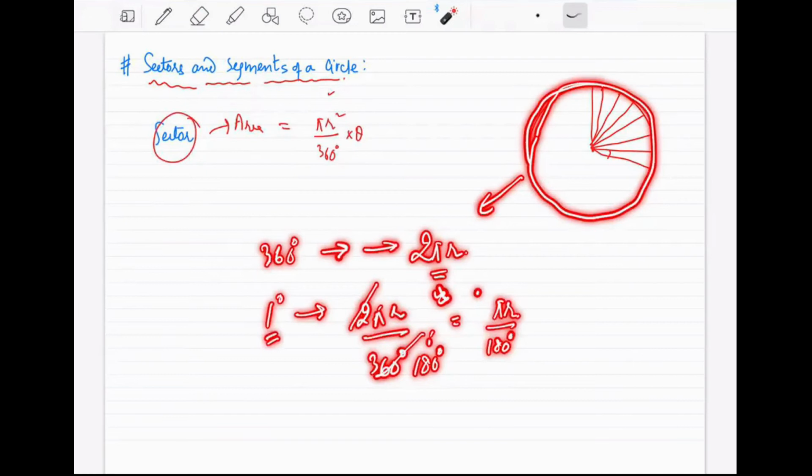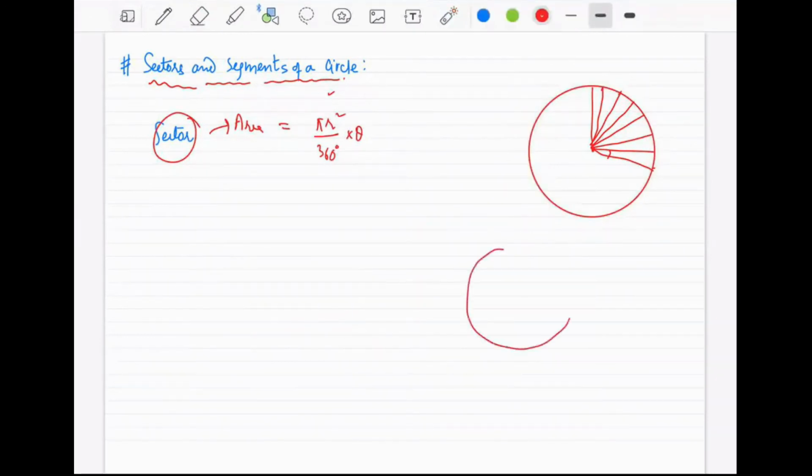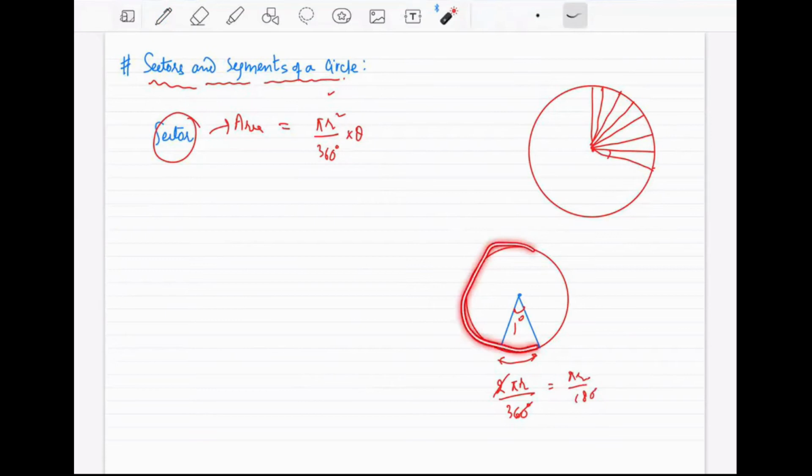So for 1 degree, the length, I take only one part. If this angle right here is 1 degree, then the length of this will be how much? Twice pi r divided by 360. 2 and 360 got cancelled, and we will have pi r by 180. This whole length is twice pi r.